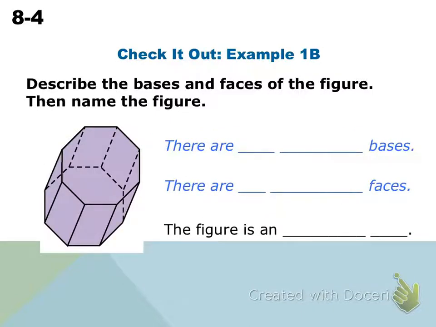This next one, if we're looking at the base, we've got 1, 2, 3, 4, 5, 6, 7, 8 sides. There's 2 of the bases, but something that's an 8-sided figure would be an octagon.